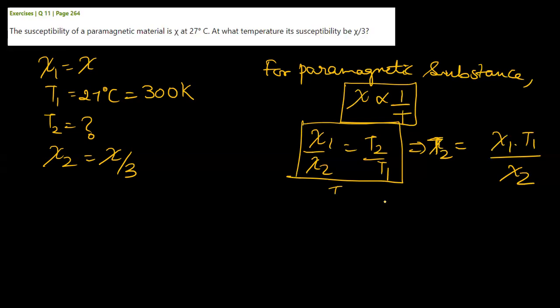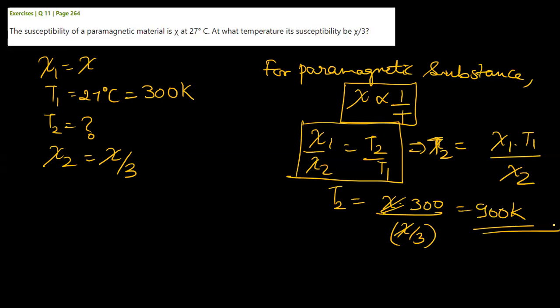So T2 will be equal to chi into 300 divided by chi by 3. Chi cancels. 3 will go up, that will become 900 Kelvin. Keep it in Kelvin only. We need the answer in SI unit. So Kelvin will be the SI unit of temperature. So the second temperature is 900 Kelvin. So this was for magnetic material.